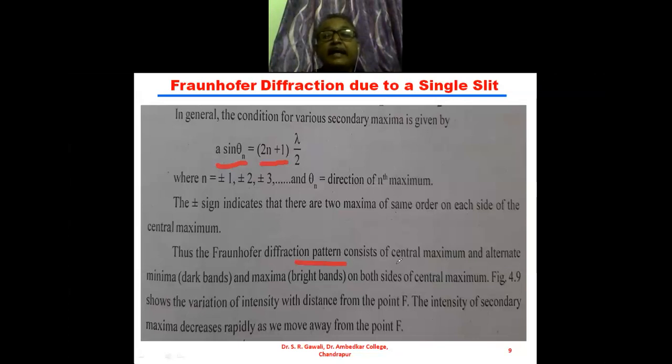Thus, the Fraunhofer diffraction pattern consists of a central maximum and alternate minima, meaning dark bands, and maxima, that is bright bands, on both sides of the central maximum. The figure shows the variation of intensity with distance from the point F. The intensity of the secondary maxima decreases rapidly as we move away from the point F. This is explained by the graph, so I will draw the graph.